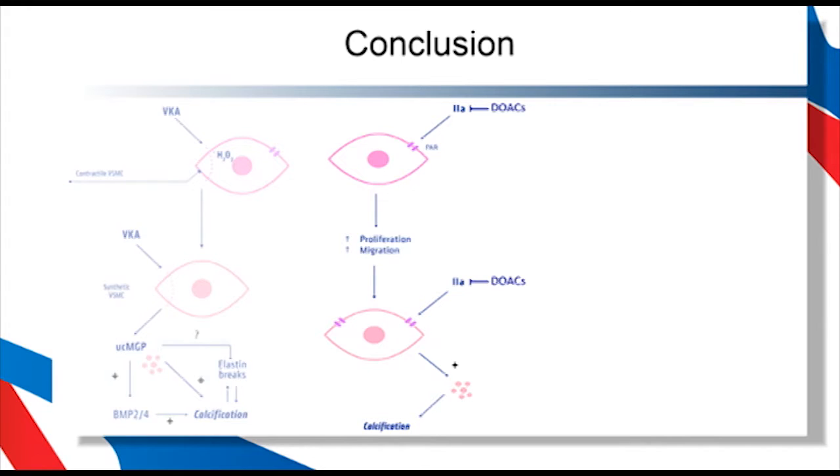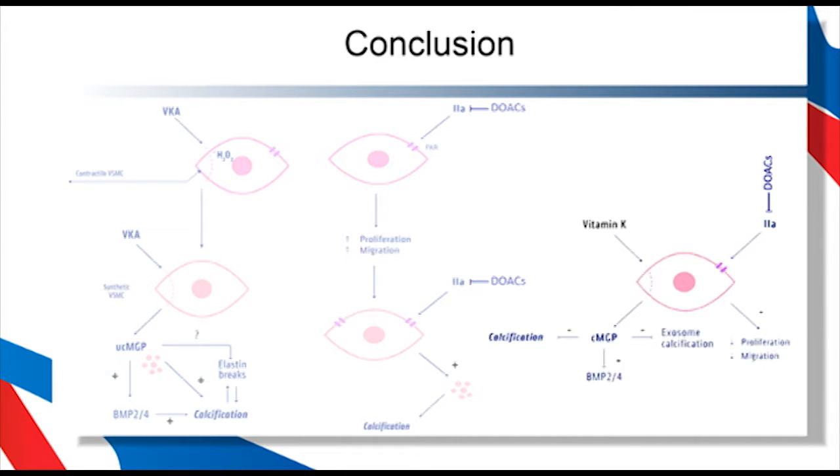But we are currently working on another step, and that is combining a DOAC, dabigatran etexilate, with vitamin K, because we believe that we can then have the most beneficial effect on the vasculature. Because by inhibiting thrombin, we have the beneficial effect of inhibiting differentiation of the vascular smooth muscle cells and should reduce extracellular vesicle secretion.